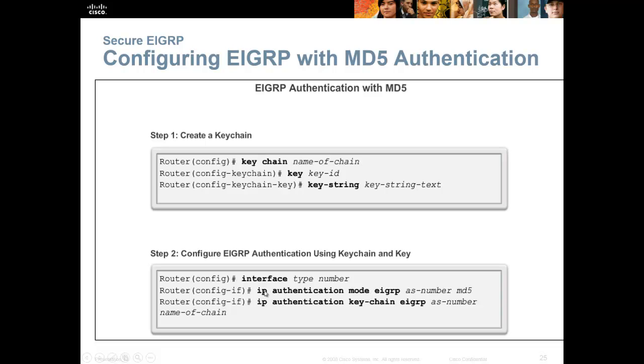I say IP authentication mode EIGRP autonomous system number 10, whatever it is, and then MD5. So now I've said only accept information from EIGRP autonomous system number 10 if it's MD5. And then I do IP authentication key-chain EIGRP autonomous system number, so that he knows to only accept it from this keychain, from keychain Bob. And that way we can work together. So both of our routers have to have the same information.